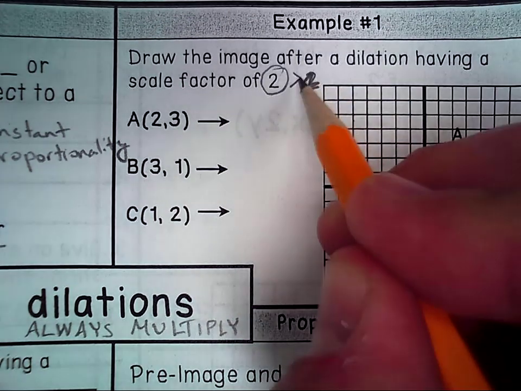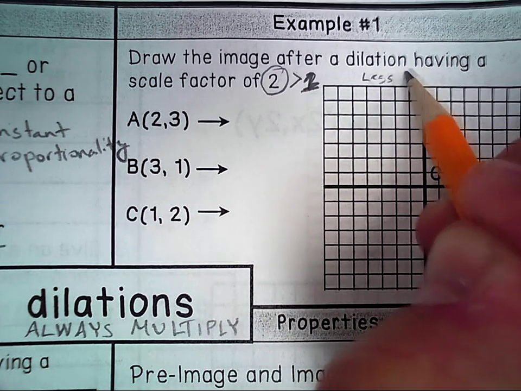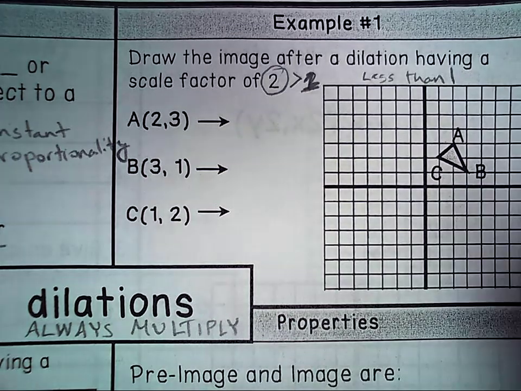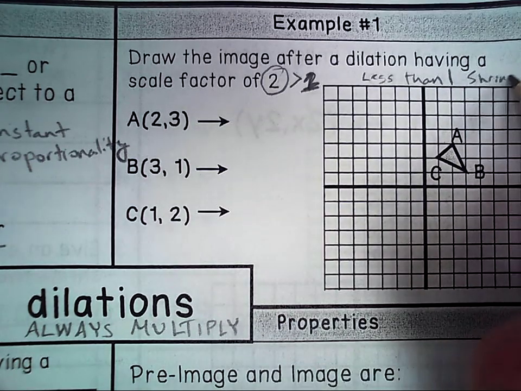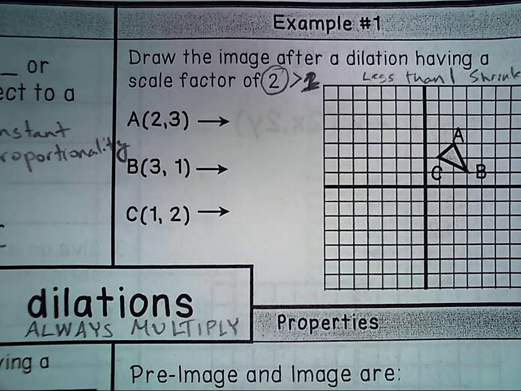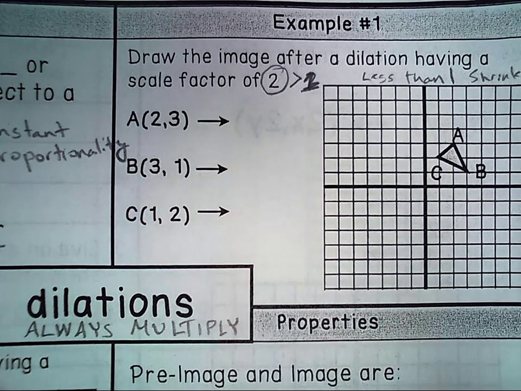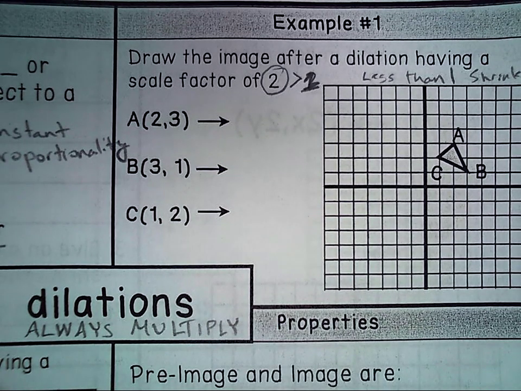If this is less than 1, then it shrinks. Okay? Now, so obviously, since it is greater than 1, we're obviously going to expand this. We're going to make it bigger.